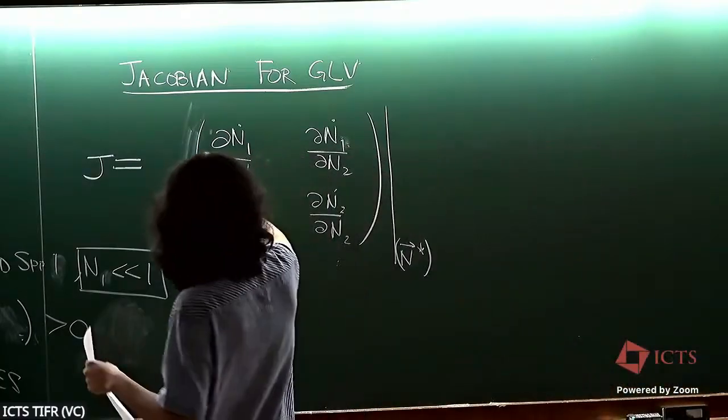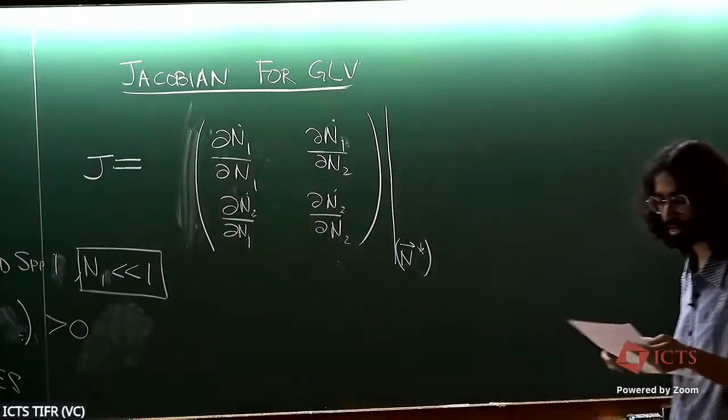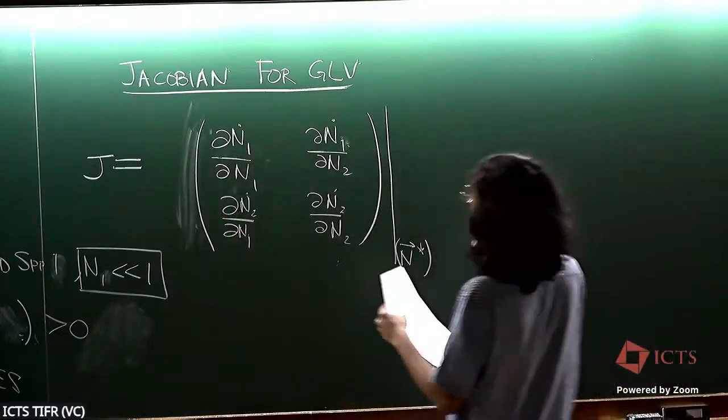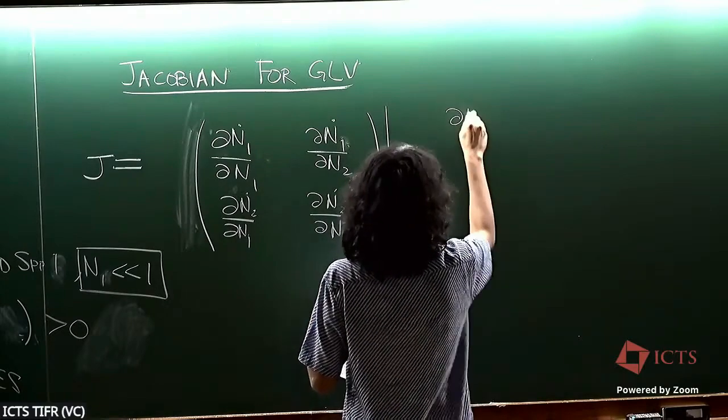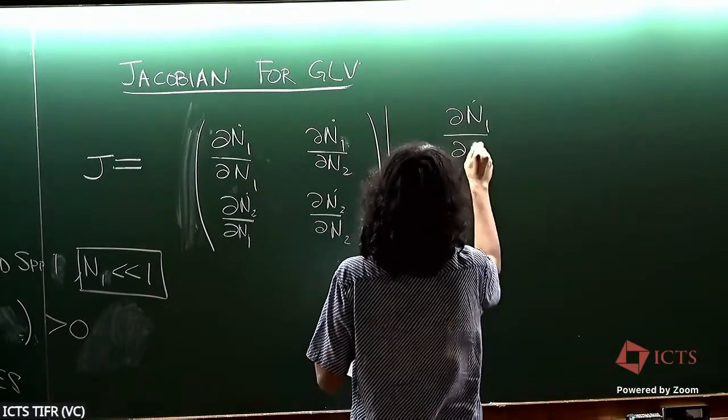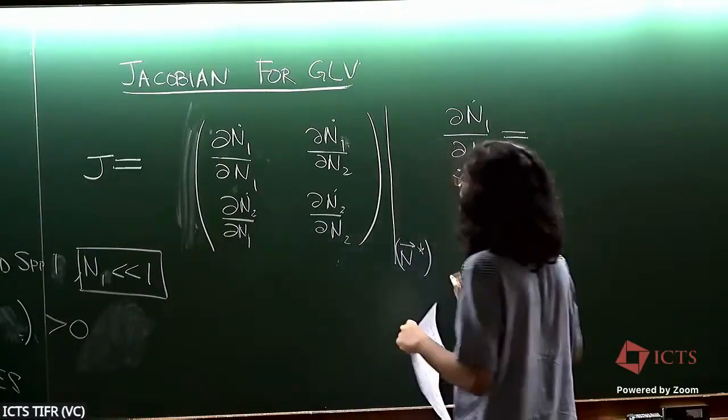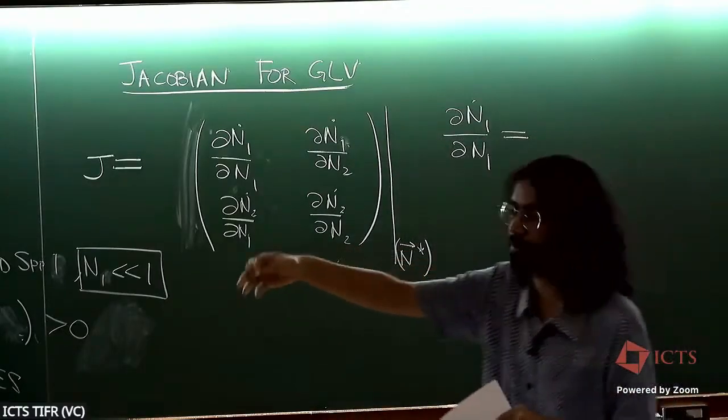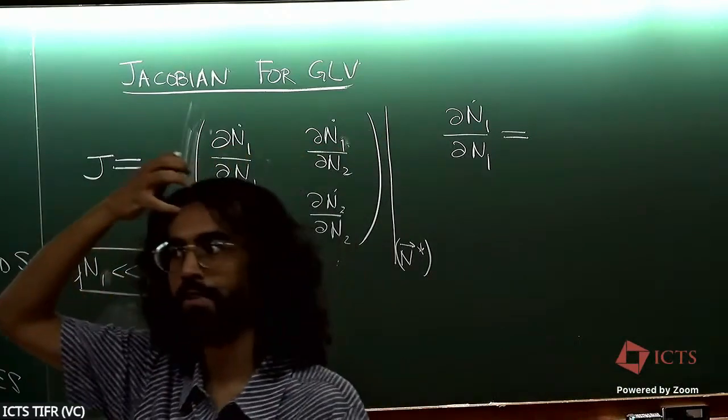So let's just do out this partial derivative to get a sense of what it looks like. Let's just do del n1 dot over del n1. What should that be? You know the equations for the model, and you're all better at taking partial derivatives than I am.